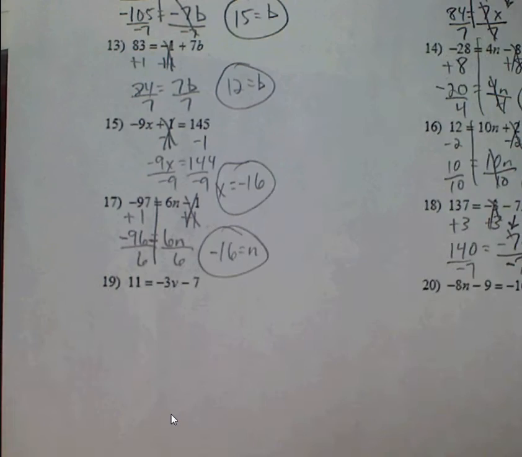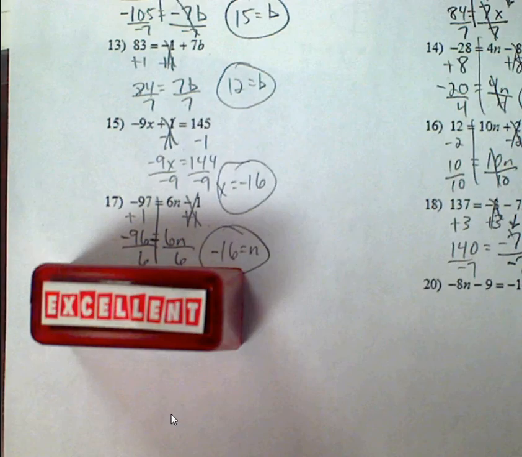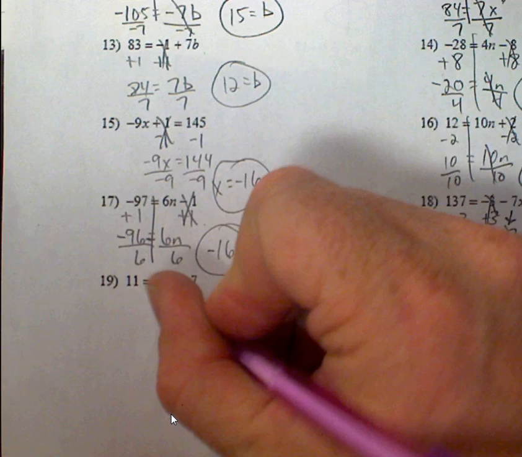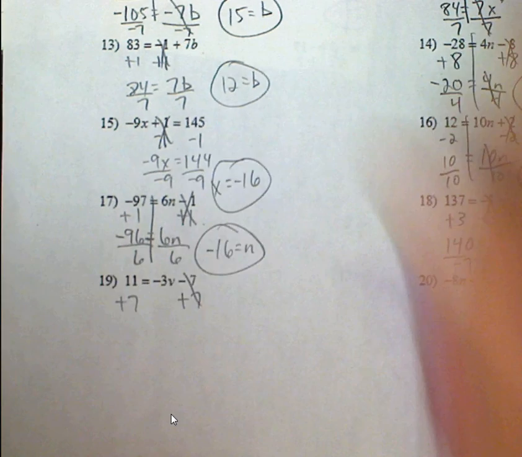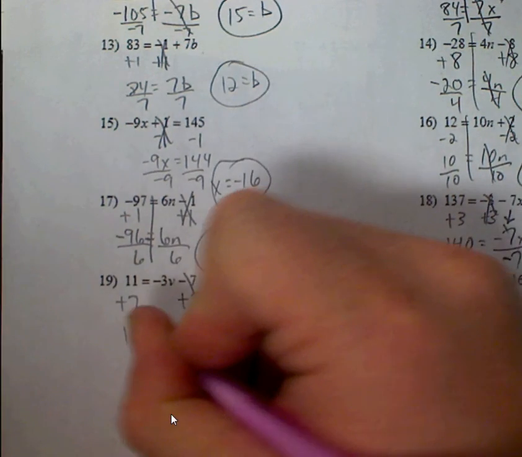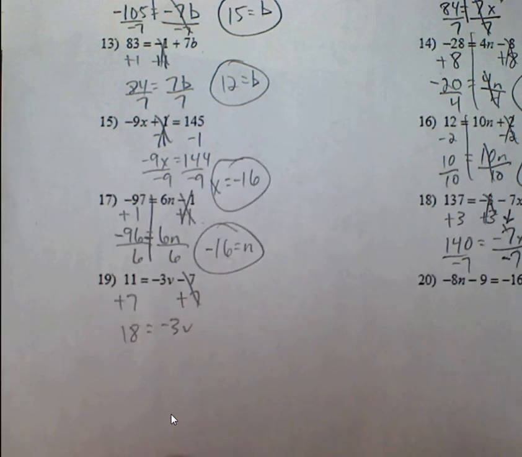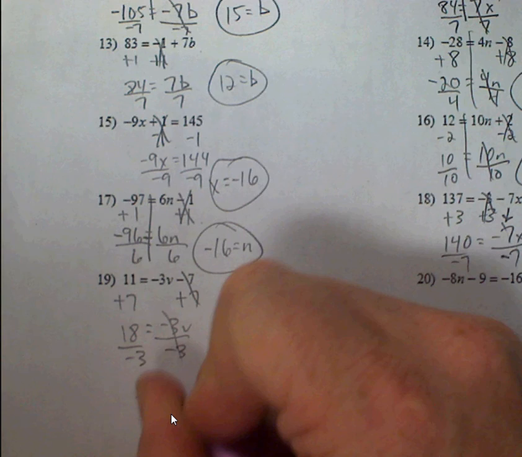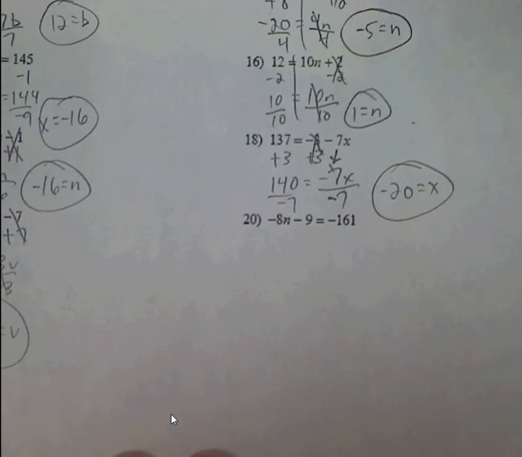Go ahead and try number 19. On number 19, add 7, add 7. 18 equals negative 3v. Divide by negative 3. Negative 6 equals v. Pause the video and try number 20.